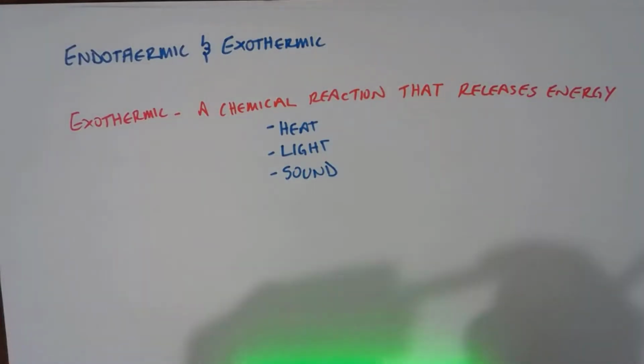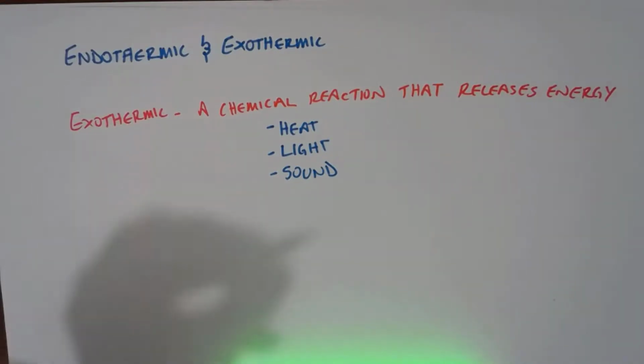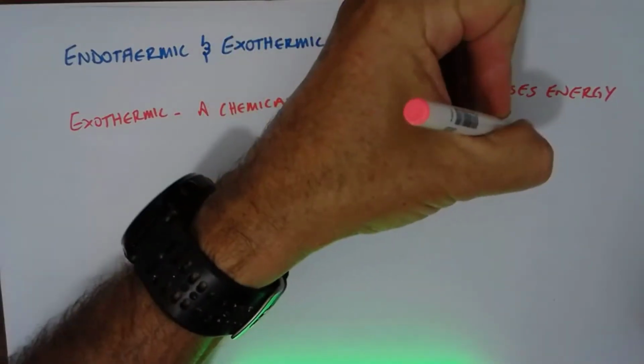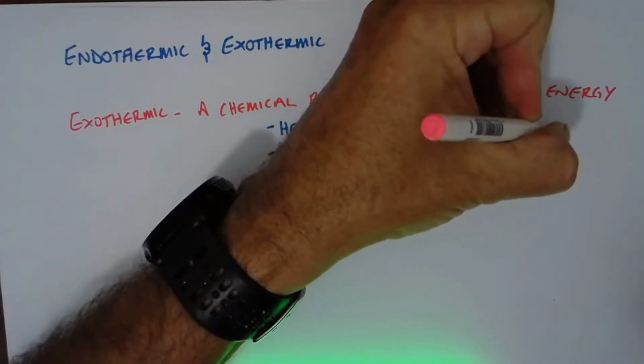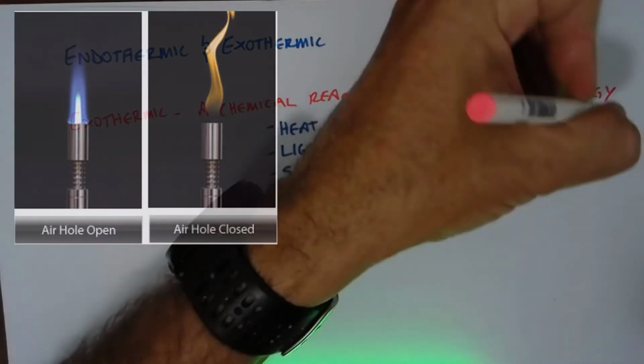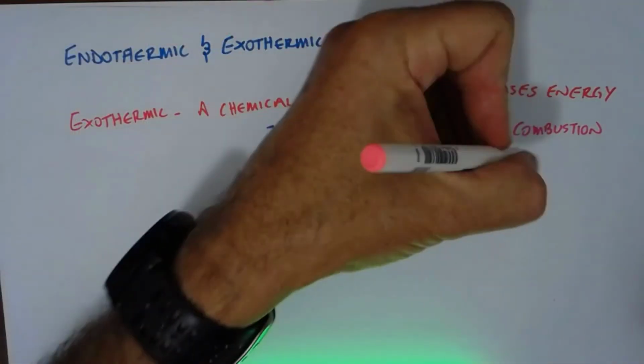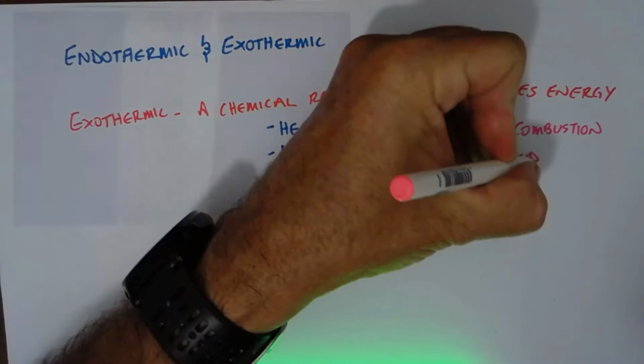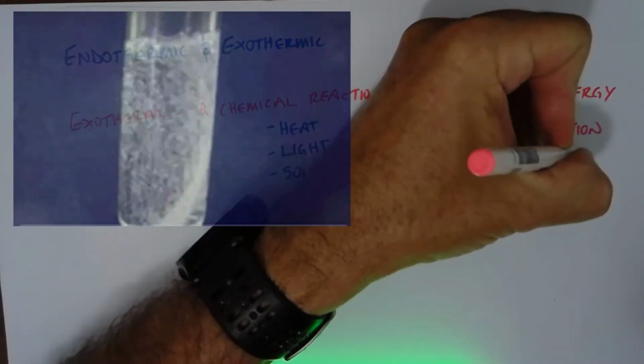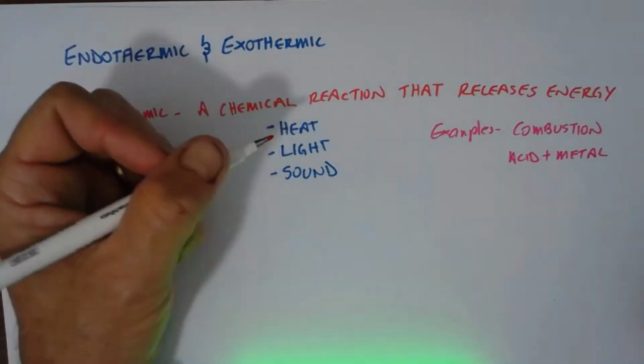So that's an exothermic reaction. Some examples of exothermic reactions would include combustion, so burning, any of the burning reactions. A combustion reaction is exothermic, and an acid metal reaction is exothermic.